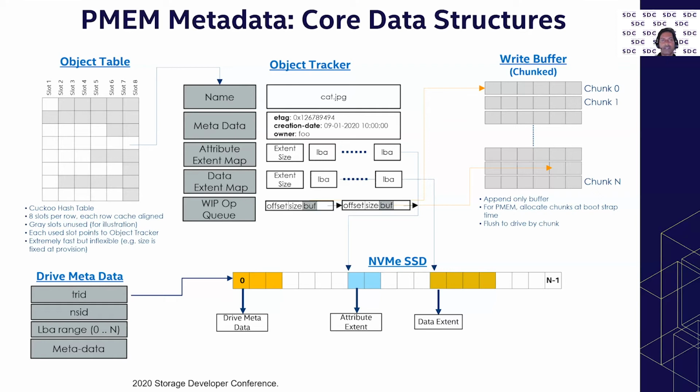All that information is stored in the persistent memory metadata for a given drive. And then the drive may have metadata that points to where the metadata is stored in the persistent memory partition. So it's almost like a reverse lookup back to the persistent memory metadata, right? So it is a bidirectional mapping between persistent memory and the NVMe SSD.